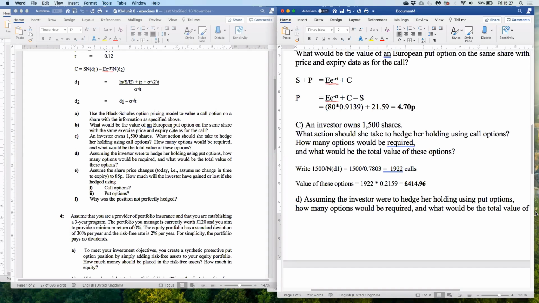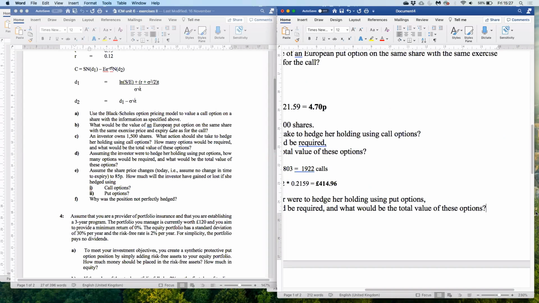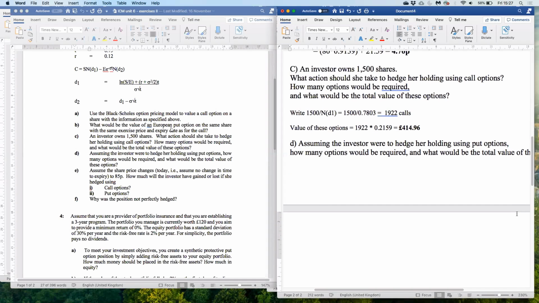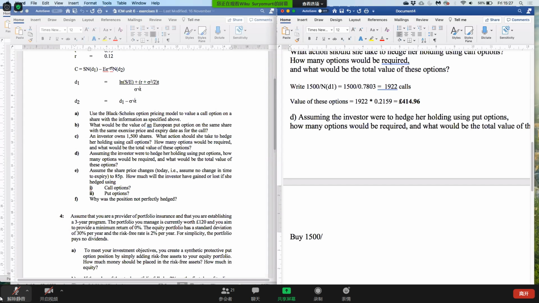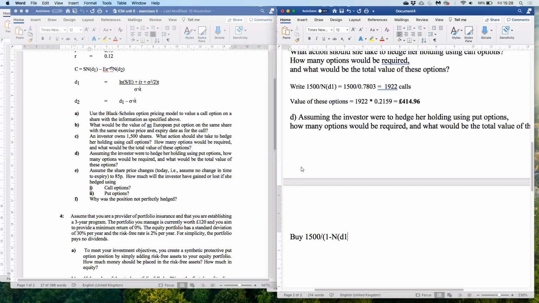So first she needs to buy a number of shares, 1,500 divided by 1 minus ND1. So this is 0.217, equals 6,827 puts.